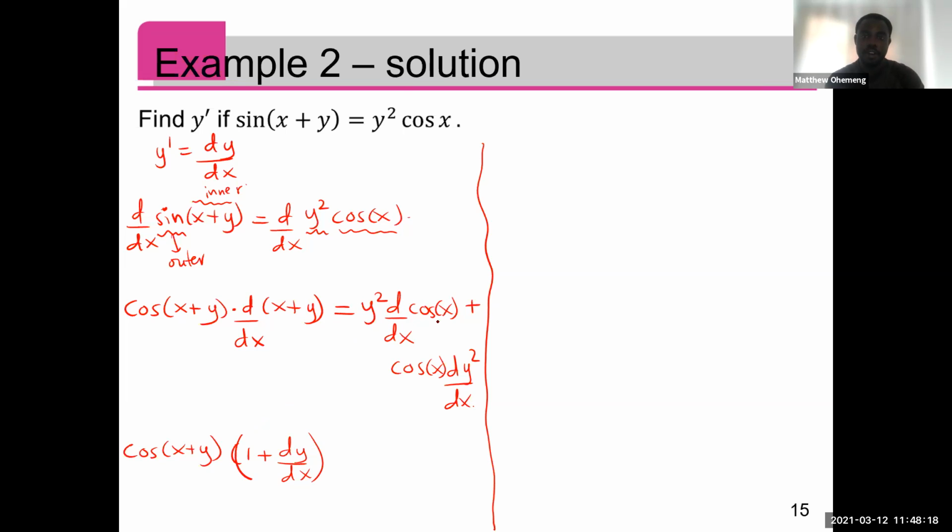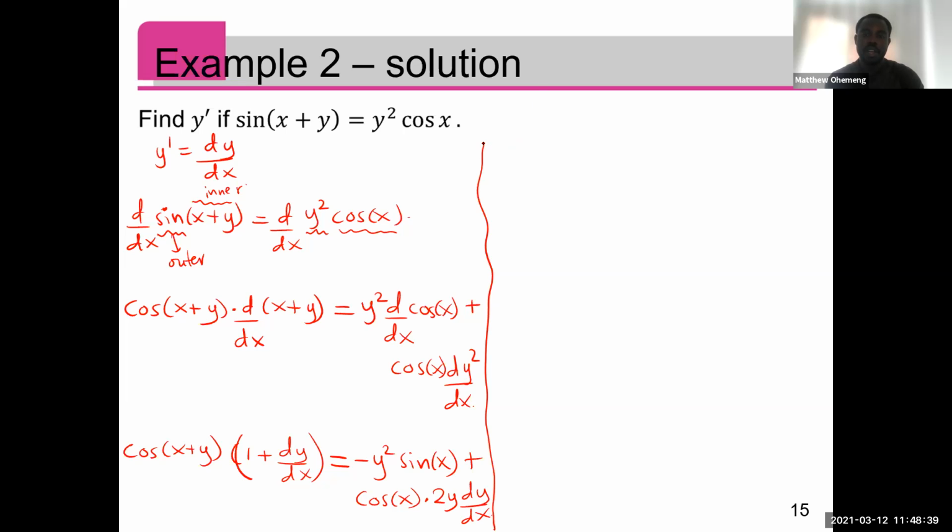Now for the right-hand side, the derivative of cosine is negative sine. So you have negative y squared sine of x. And then plus, for the second piece, you have cosine of x, but the derivative of y squared will just be chain rule, so that'll be times 2y dy over dx.